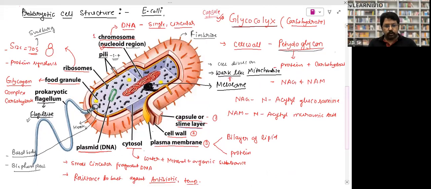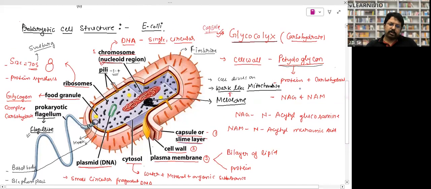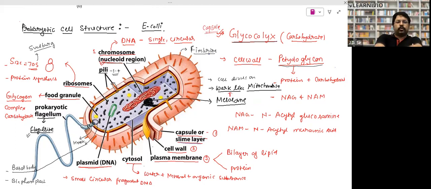Stored food and mesosomes. This is important. Last but not the least, the outer surface of bacteria has some small hair-like structures. They are called pili. Pili help bacteria to stick or adhere to any surface. Tell me if you have any doubt or query in the structure of prokaryotic cell.